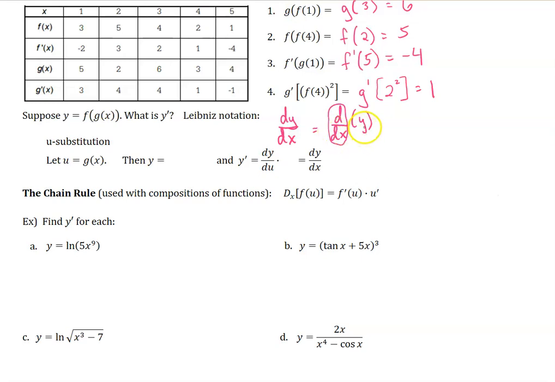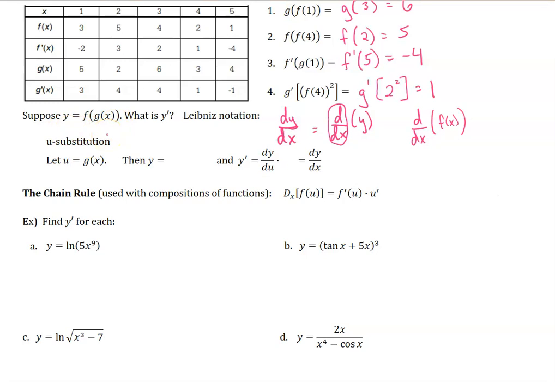And then this says of what? So we're taking the derivative with respect to x of y, or we could write the derivative with respect to x of, and then we could put f of x here or anything else inside there. But d over dx is the operation way to say find the derivative of, okay? So going back to y equals f of g of x.